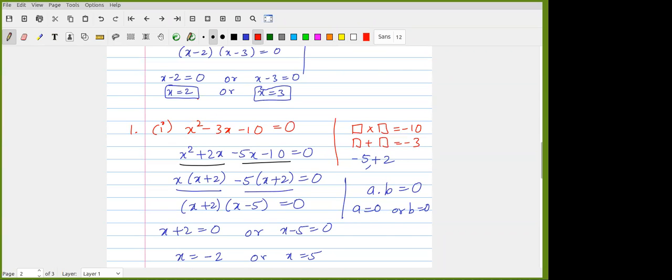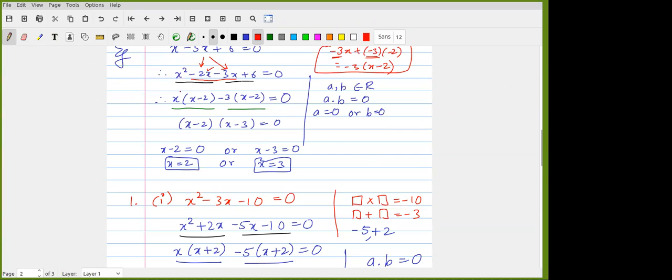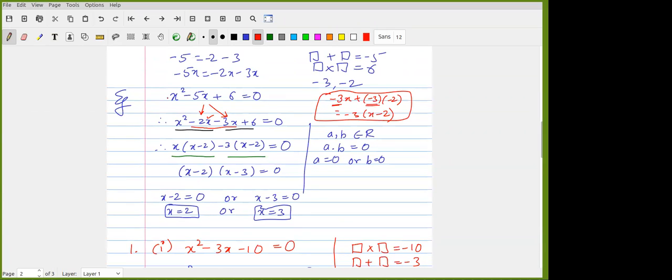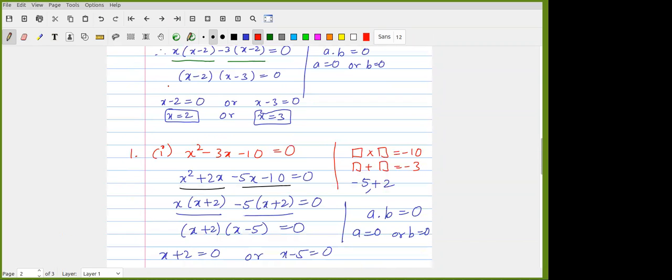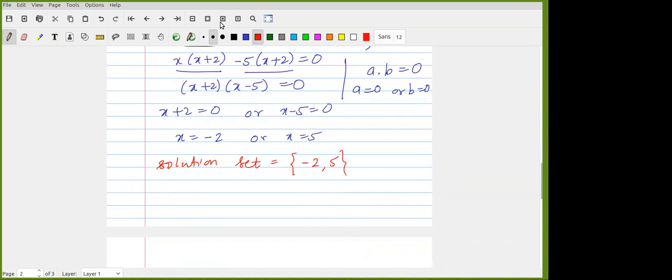In this problem also, x square 1, right? In this problem, what was the coefficient of x square? 1, right? But see, in this problem, is the coefficient of x square 1?